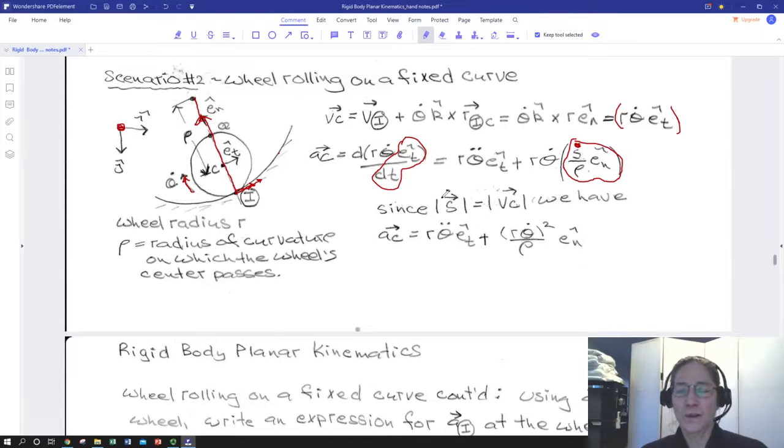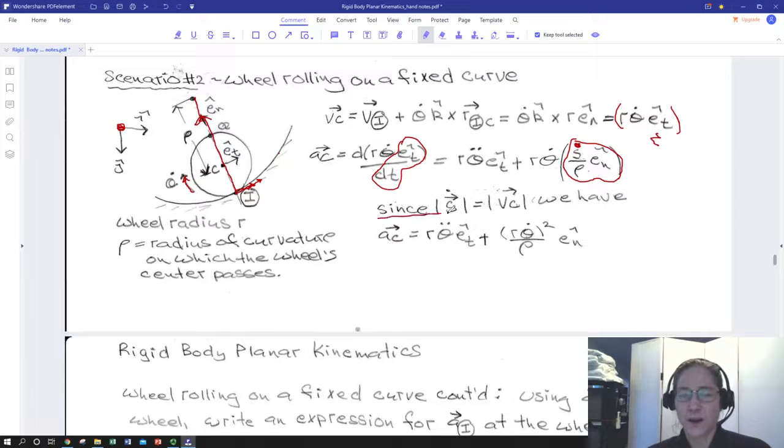Since our center is following the path, because it's traveling in the tangential direction, we can relate the magnitude of S dot to V sub c, which we just wrote an expression for. And so we end up getting an R theta dot squared over rho for our multiplier in our normal direction.